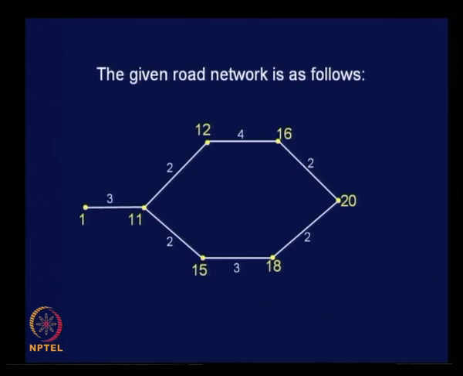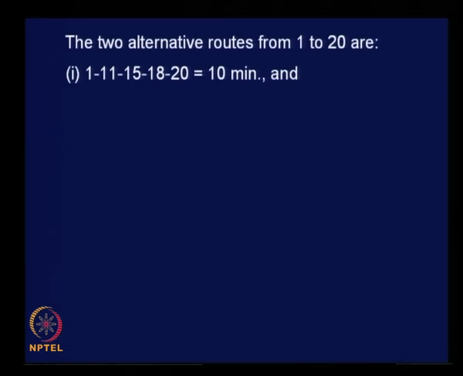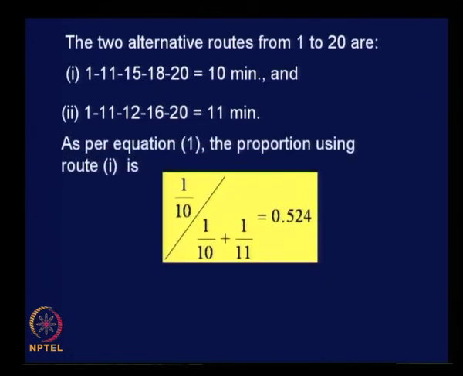So, there are 2 alternative paths involving travel times of 10 minutes and 11 minutes. So, the paths are 1, 11, 15, 18, 20 involving a travel time of 10 minutes, and then 1, 11, 12, 16, 20 involving a travel time of 11 minutes. Simply use the algorithm and get the proportion of traffic to be assigned to the 2 alternative routes.